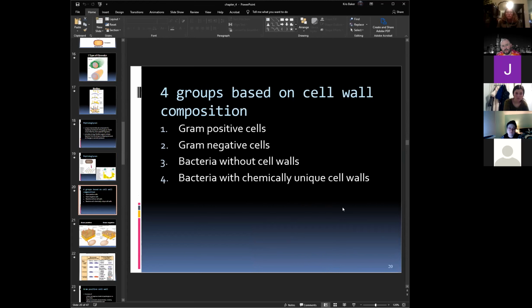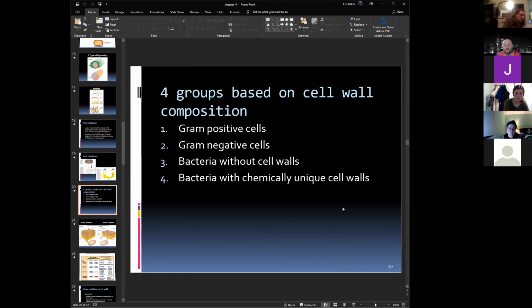So we typically can group cells based on their 4 types of compositions: gram negatives, gram positives, bacteria without cell walls, so stuff like mycoplasma would count, generally not infectious unless you have a compromised immune system. And then things like tuberculosis or mycobacterium go under the 4th category, where we say bacteria with chemically unique walls.